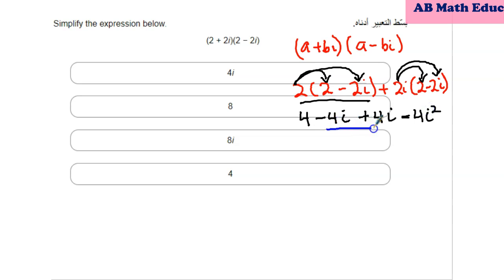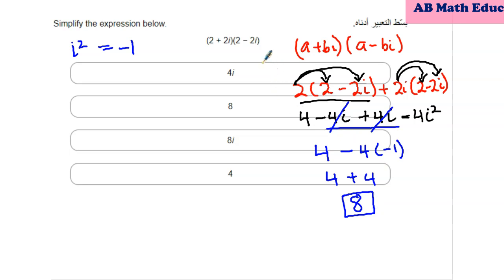You realize that here are like terms, but they are opposite, so they will cross out to become 0. Then minus 4i squared. You have to know that i squared is equal to negative 1. So here, negative 4 times negative 1 will be plus 4. And that's where the 8 is coming from.